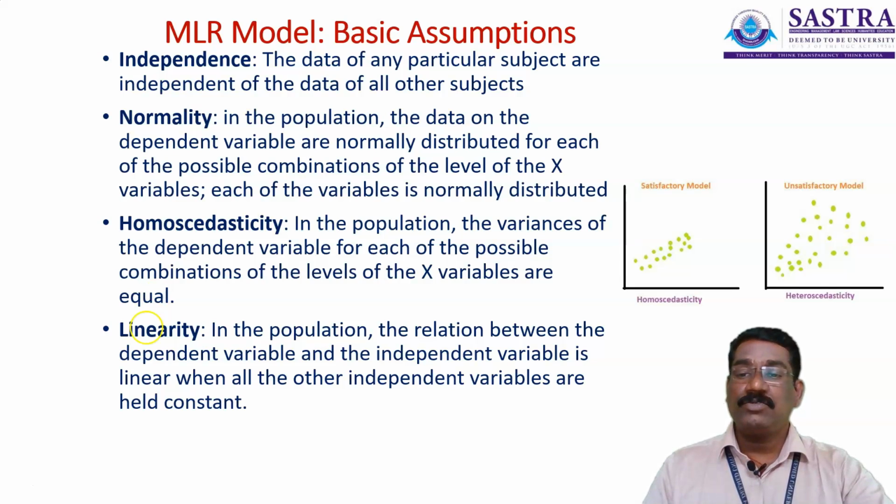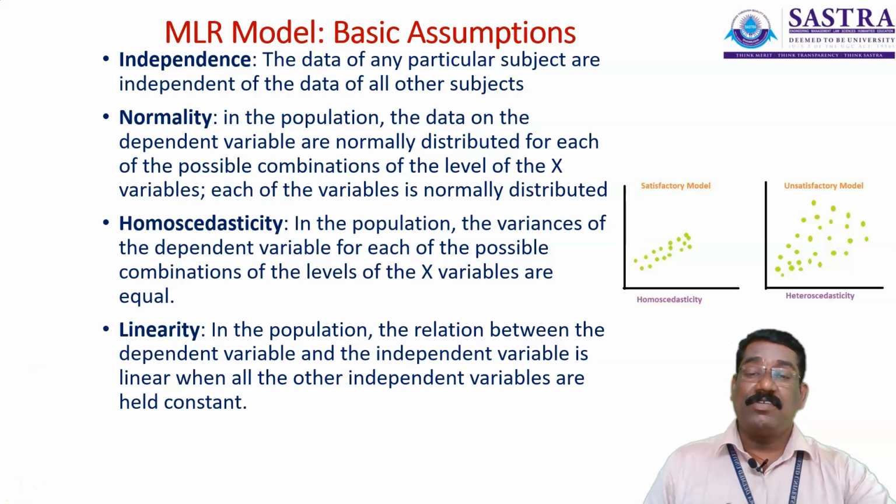The next one is homogeneity: in the population, the variance of the dependent variable for each of the possible combinations of the levels of the X variables is equal. And the next basic assumption is that the variables should be linearly interrelated.